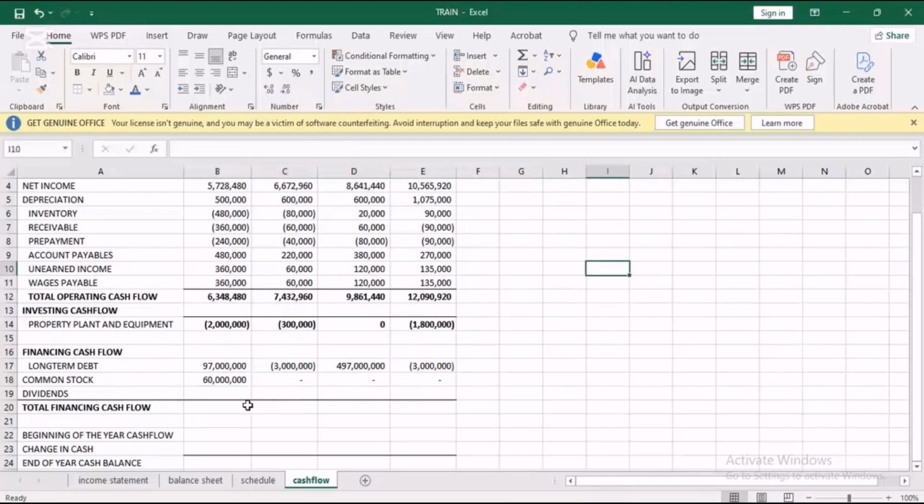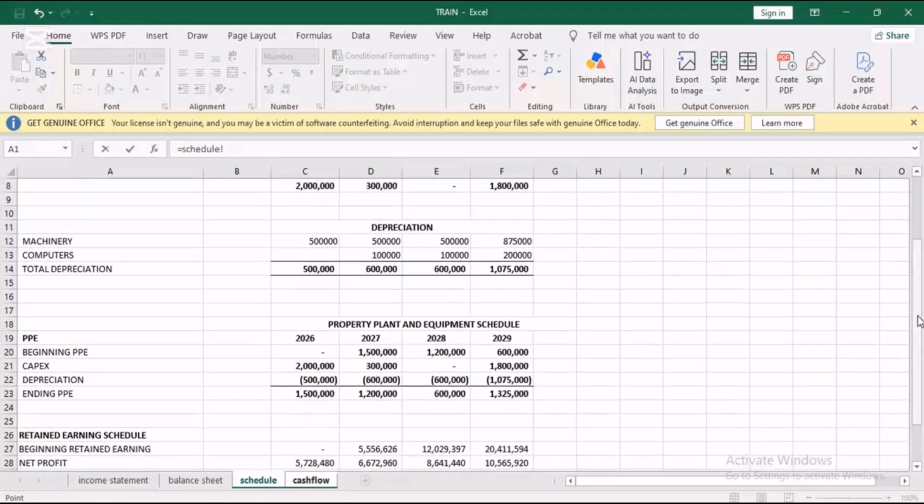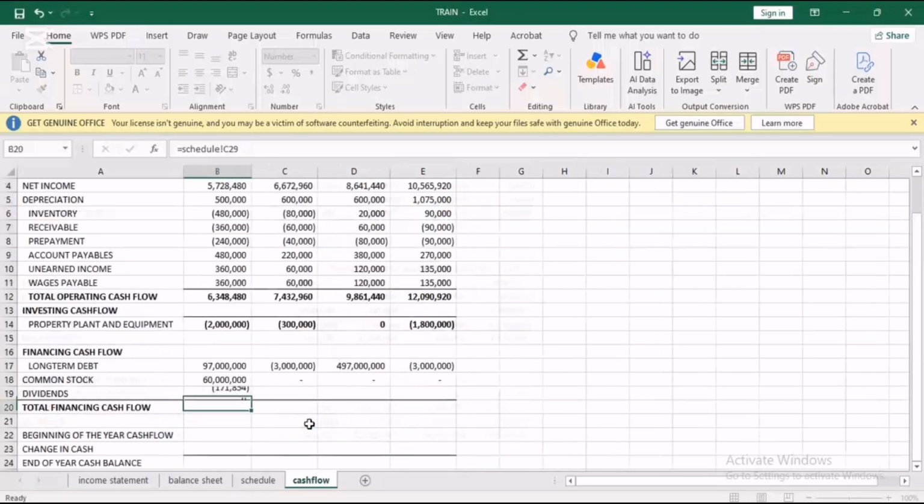So for the dividend, definitely it's taking out cash, so it's going to be in negative form. So I hit my equal to, then go to the schedule where we have it. It's right up here in negative form, so I hit enter. Good.